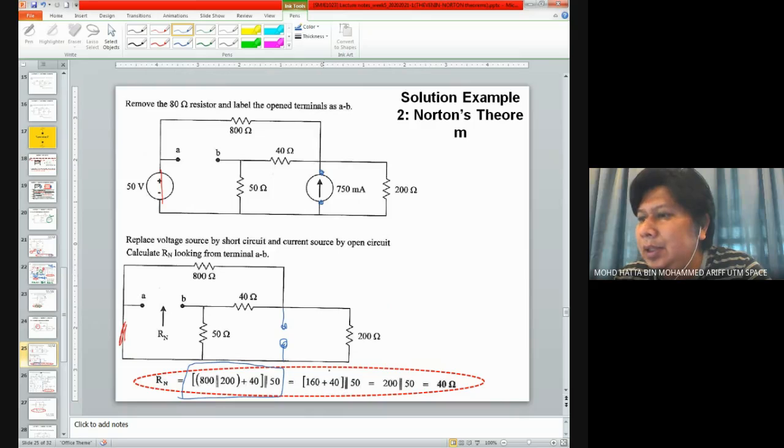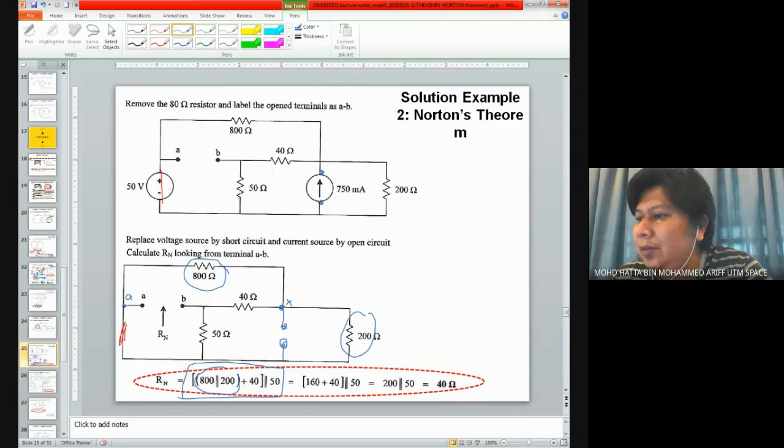For example, here, how do these two considered as parallel? Okay, look at the connection. If you look at this 800, at the end of 800 we have point A. At the other side of 800 we have this point. Let's say this point is X. Look at this 200.